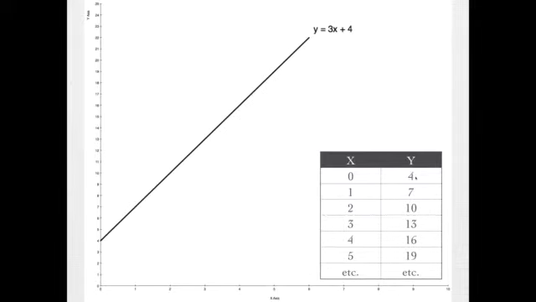And what we can see is every time we incrementally increase x by 1, y increases by 3. It goes from 4 to 7, which is an increase of 3, 7 to 10, which is an increase of 3, 10 to 13, which is an increase of 3, and so on. So we know that with the incremental changes in x of 1, y is going to change by 3.